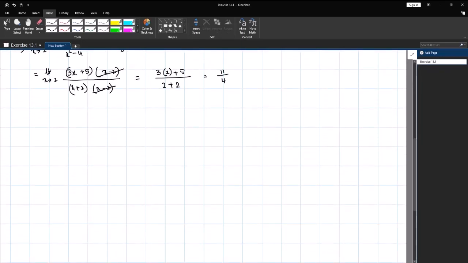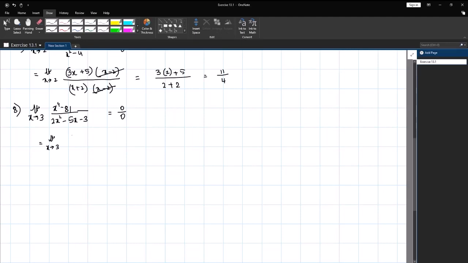So now question number 8, limit x tends to 3, x to the power 4 minus 81 divided by 2x square minus 5x minus 3. So this, again, if we substitute the value for x, we'll get 0 by 0. Now we'll have to factorize the numerator and the denominator.